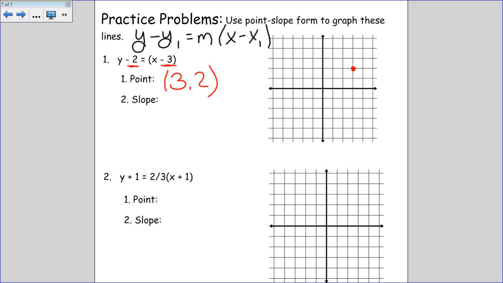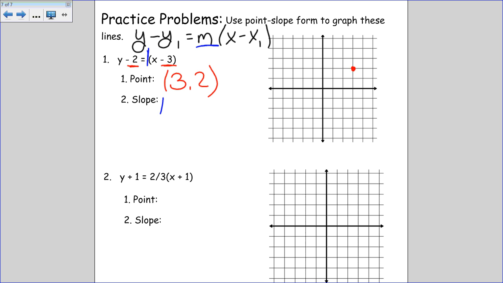Okay, what is our slope in this equation? Do you see an m or some number being multiplied by our quantity x minus x1? Okay, here it doesn't say it, but I think we could say it's 1, right? If there isn't a number there, we could assume that it's 1.